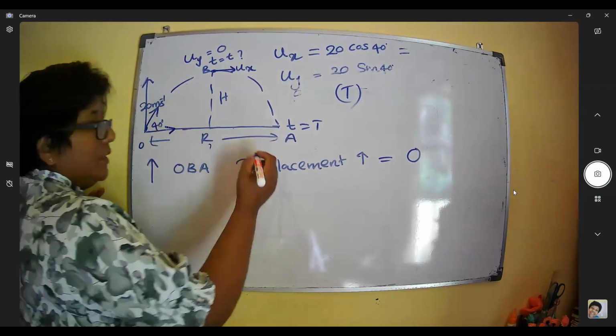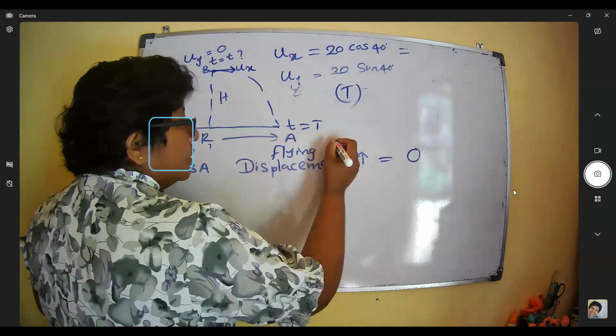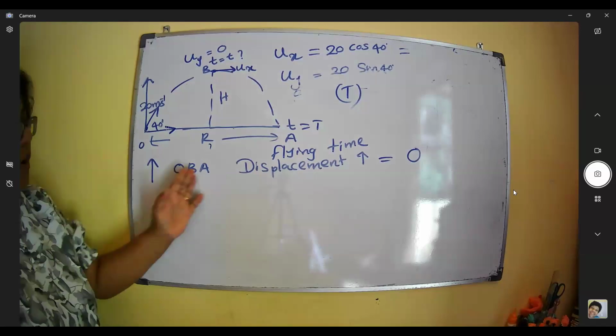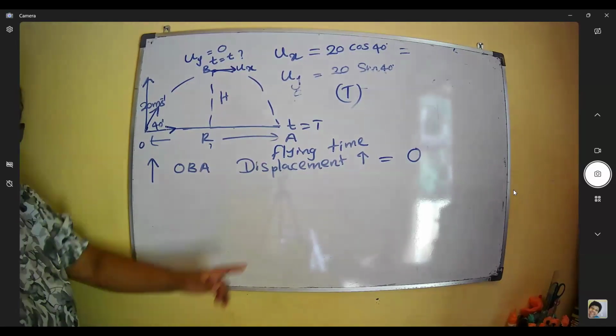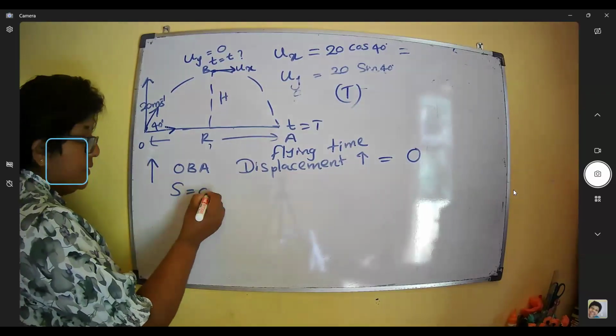Then I'm going to find the flying time, capital T. The total displacement in the upward motion is equal to 0, right? Now S is equal to 0.